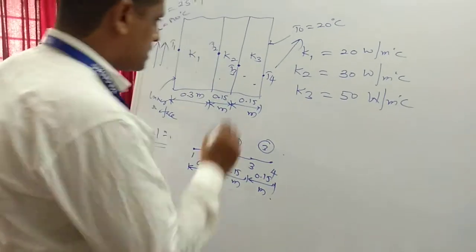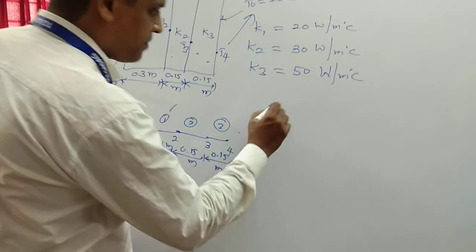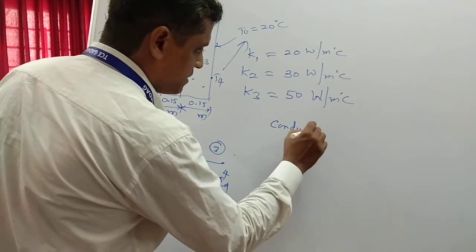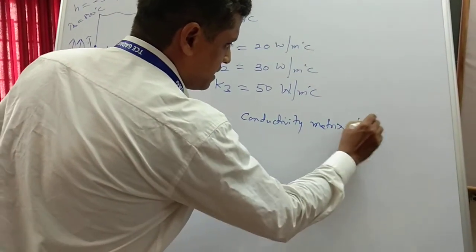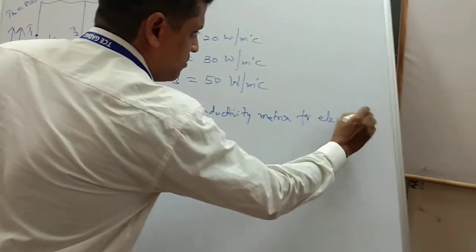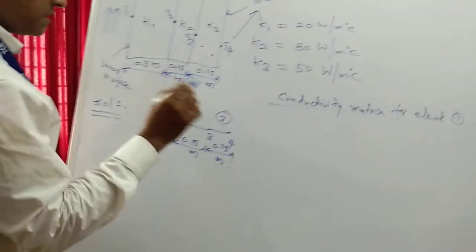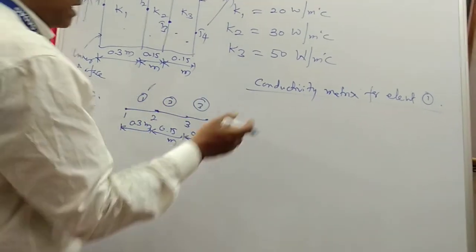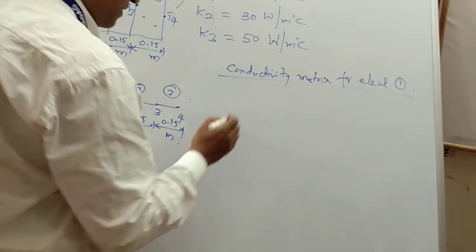Now to determine the temperature distribution, first we will consider conductivity matrices. We will find the thermal conductivity matrix for element 1. Let us determine the conductivity matrices for these three elements and assemble those conductivity matrices to get the global conductivity matrix.